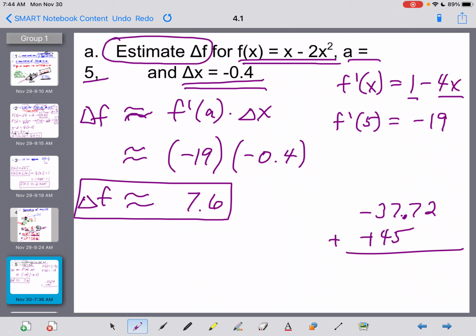That would get us, let's see here, everybody, a 7.28. Now that's the actual change in y between these 2 points. Our approximation was 7.6. Not super close, but within the ballpark right there. So what we actually found was the change in y on the tangent line. This would be the actual change in y on the function itself.